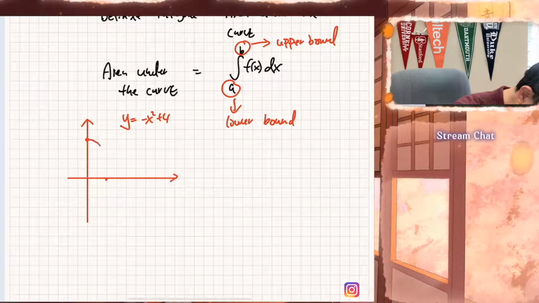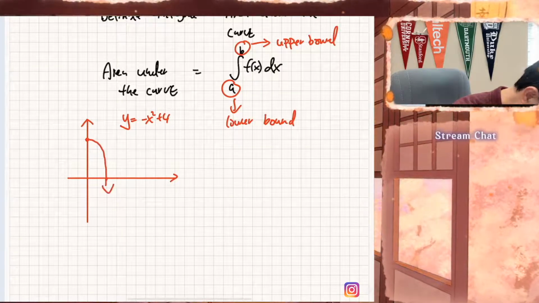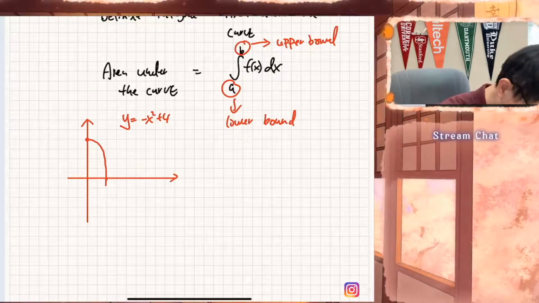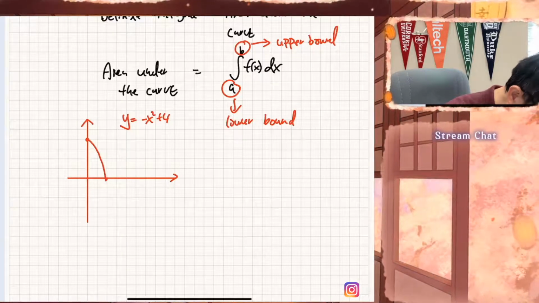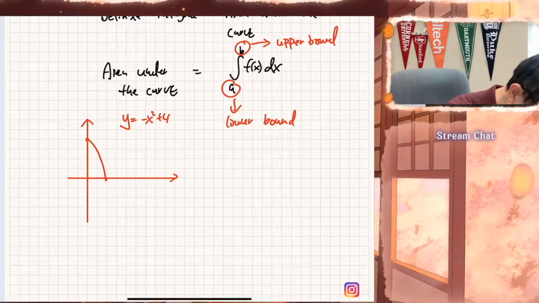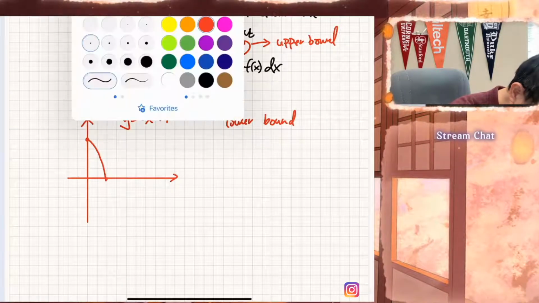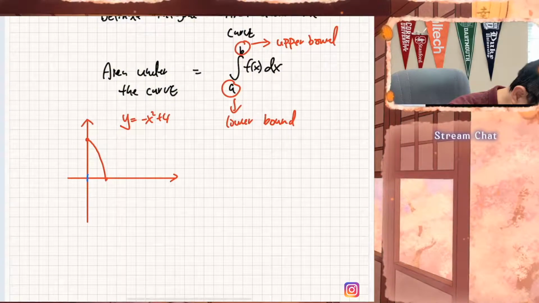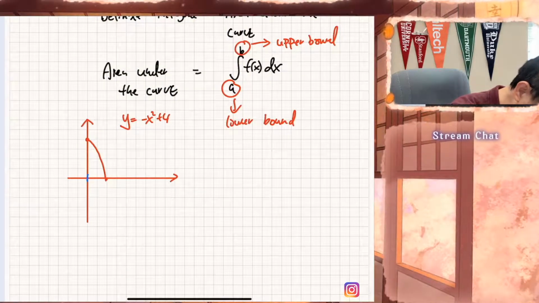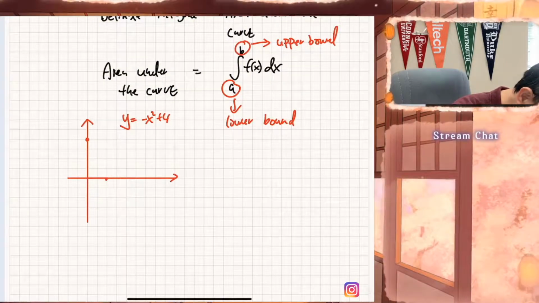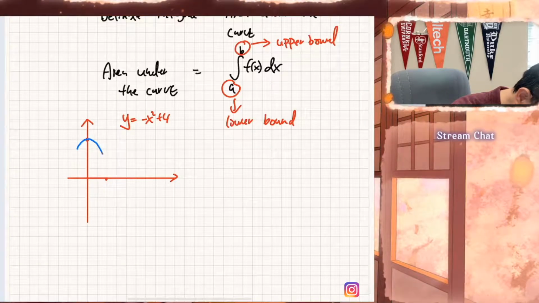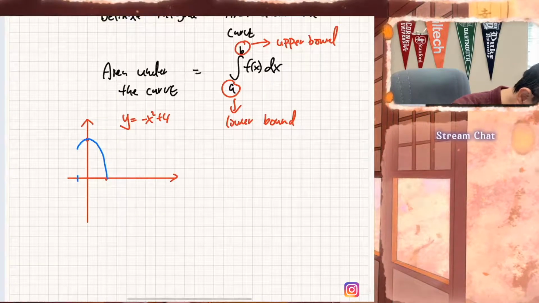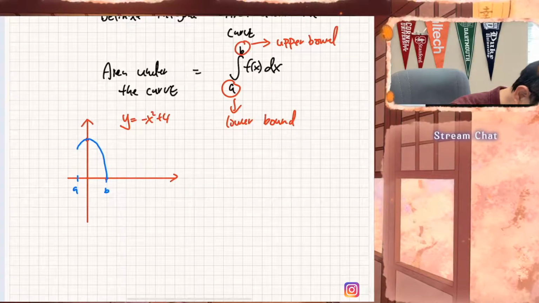So it's a parabola like this, right? So this is a, and this is b.